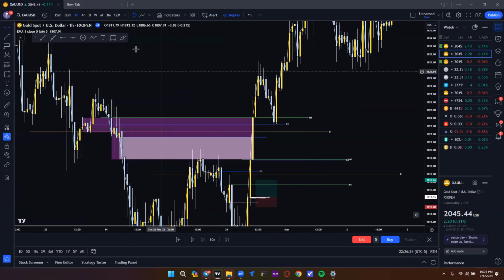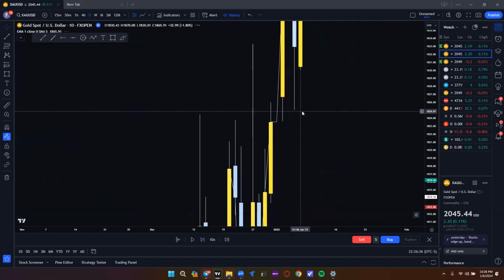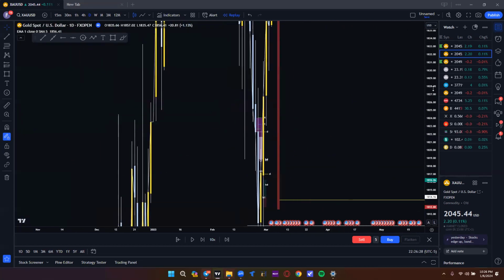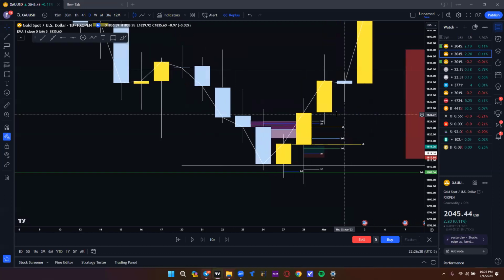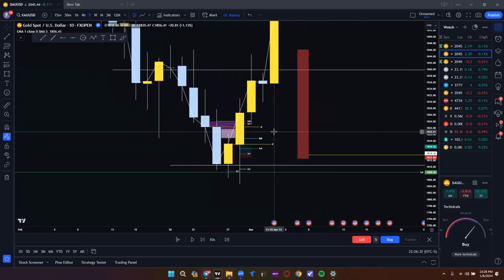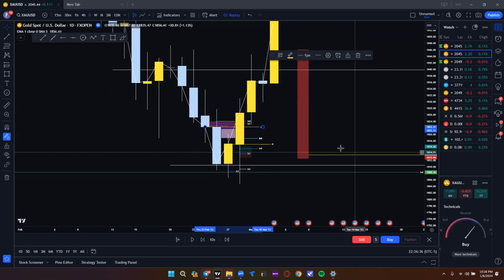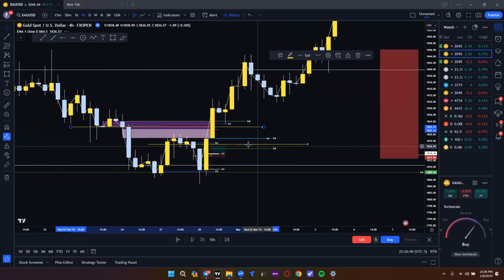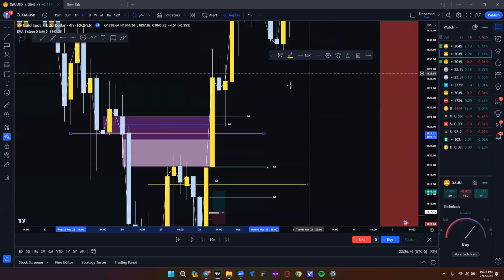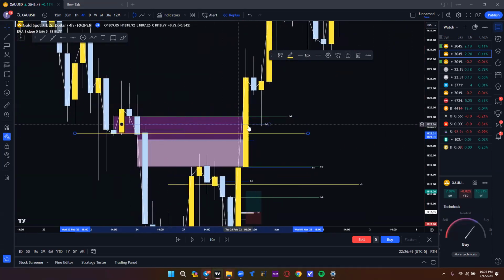Okay, so going back to our example for this top daily level, go to H4 again. You can see again it broke. So what is our H4 level that it broke?